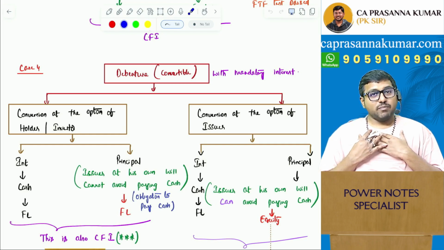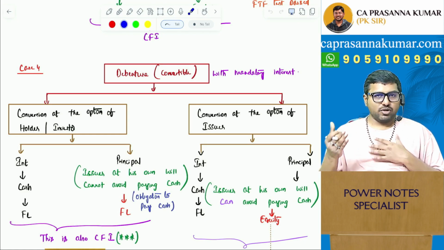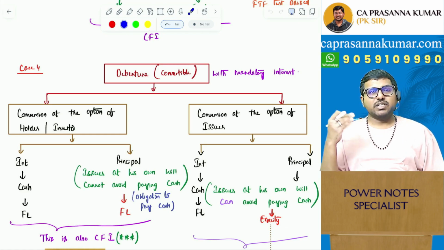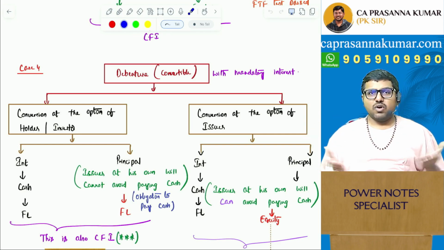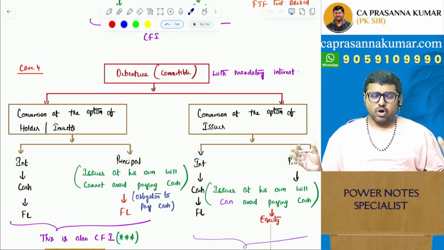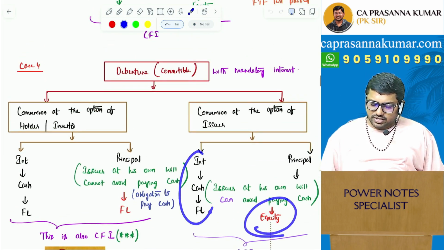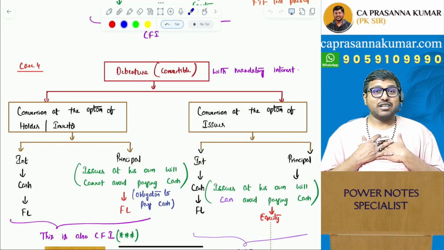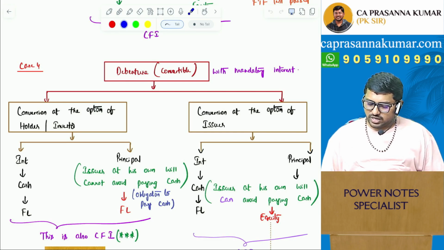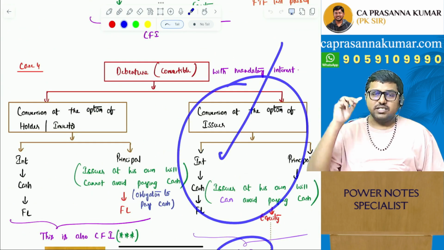So within the company's control, I can happily avoid paying cash, which means avoiding redemption of debentures, by converting that into equity shares. Therefore, there is no contractual obligation for me to pay money for sure, no matter what happens. Therefore, it is termed as equity. So interest is a financial liability, principal repayment is equity, because the conversion option is in the hands of the company who has issued the debentures. Therefore it's a compound financial instrument. Clear? So this part is pretty easy to understand.